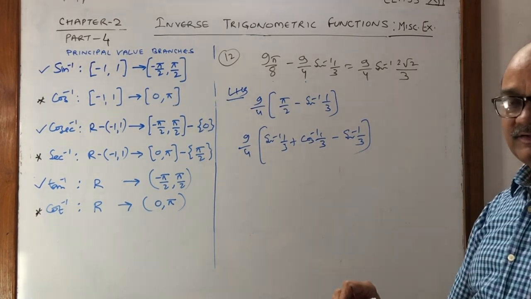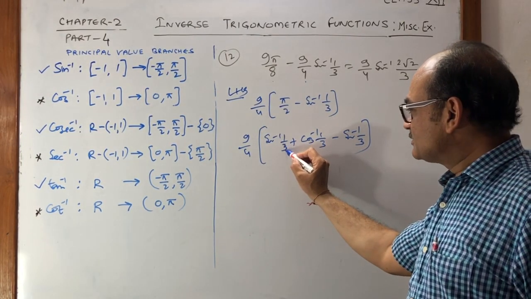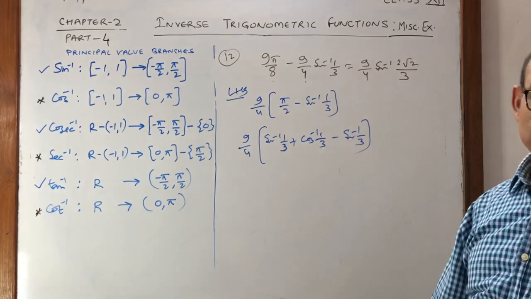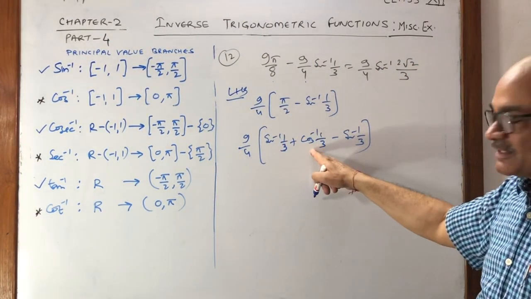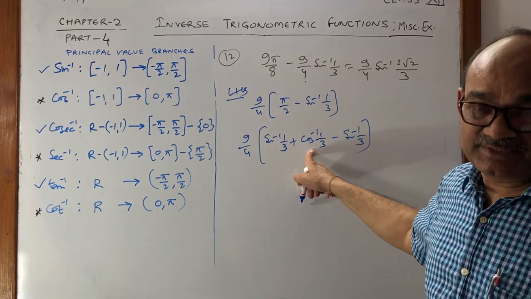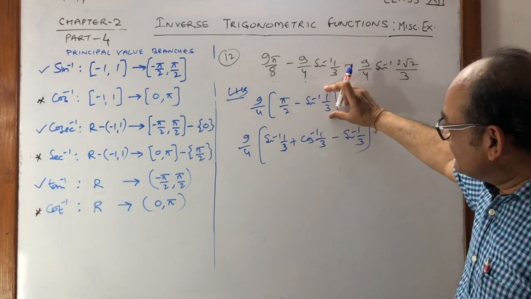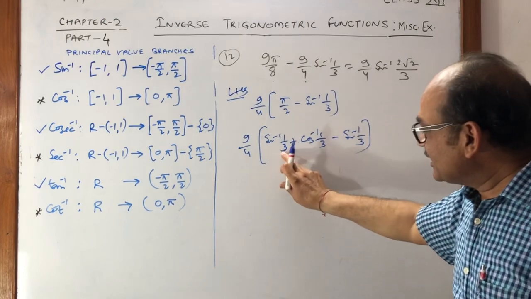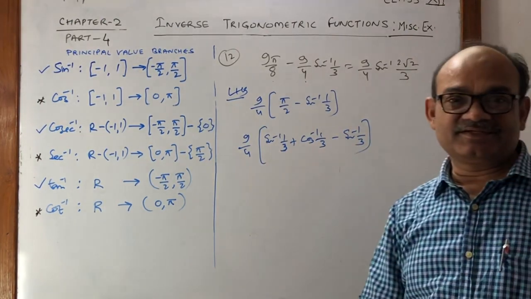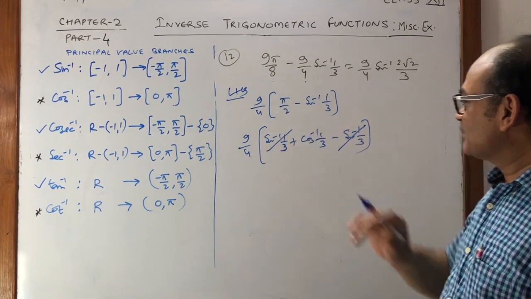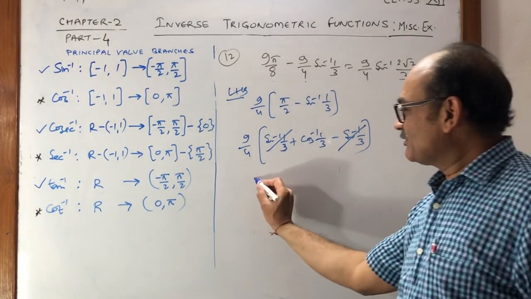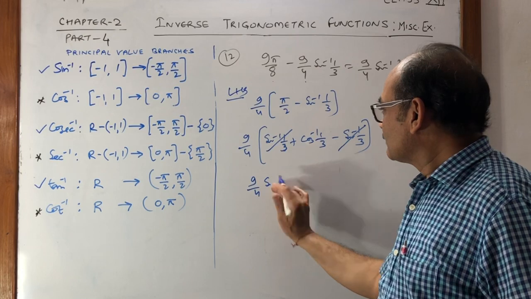Why? Yesterday's identity, we used it in part 2 or part 3: sin inverse x plus cos inverse x is always pi by 2. That's why, to manage this sin inverse 1 by 3, we are writing sin inverse 1 by 3 plus cos inverse 1 by 3 as our choice. Sin inverse 1 by 3 and sin inverse 1 by 3 cancel out. So it is only 9 by 4 cos inverse 1 by 3.